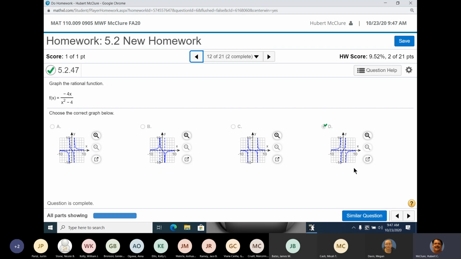Your range is going to be from negative infinity to 0, and then from 0 to positive infinity. Decreasing from negative infinity to -2, decreasing from -2 to +2, and decreasing from +2 to infinity.